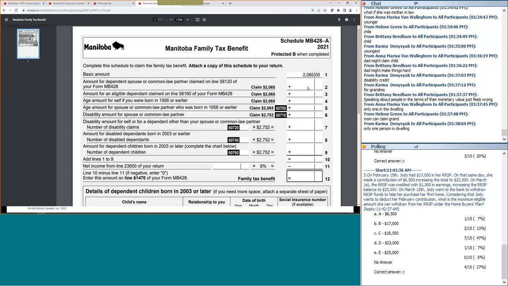If there's a positive number on that line, if there's $1 or more, you're going to put it here. If it's 0, then you do not have a dependent spouse for the MB428A. Same if you have an eligible dependent provincial credit: if you have a positive number on line 58160, then you put that in here. If you don't, do not put it in.